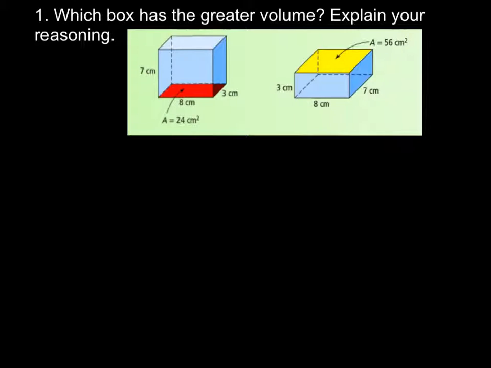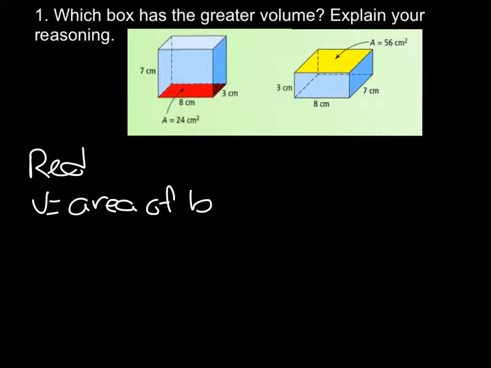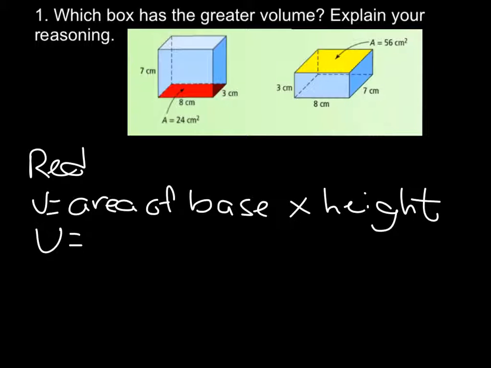Alright, let's do the red one first. And what's our formula for volume? So volume equals the area of the base times height. Alright, so if we look here, our area is already found.